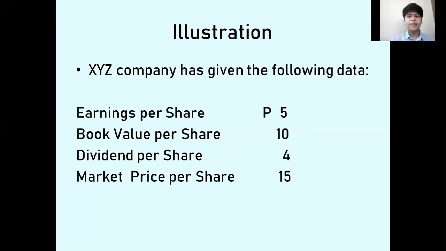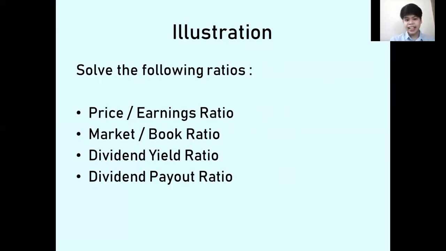So as you can see, earnings per share of 5 pesos, book value per share of 10 pesos, dividend per share, so we're talking about the dividends declared by the company for the year, 4 pesos, and the market price per share of 15 pesos. So ano yung hinihingi sa atin? Pinapasolve sa atin yung 4 na ratios kanina. So let's go in one by one.